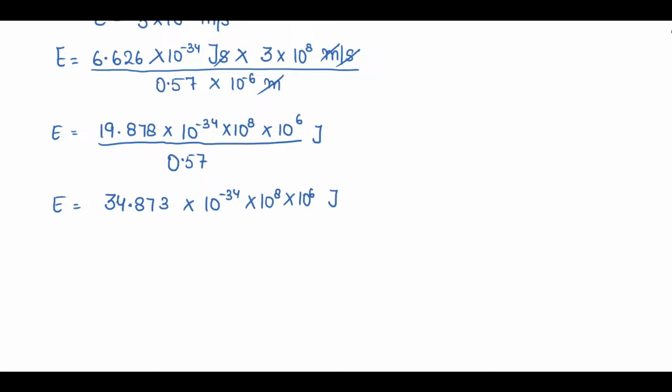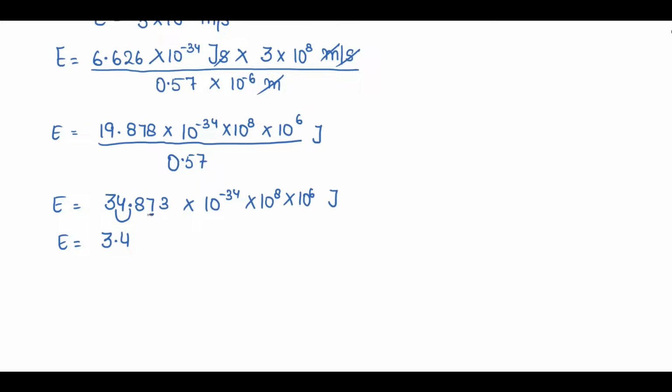I have to convert this 34.873 in terms of scientific notation. So according to the scientific notation, there should be only one non-zero digit on the left side of the decimal. So what I'll do, I'll simply displace this decimal from right to left. And when we displace the decimal from right to left, power should be positive. So 3.4. Now I just want to round off this value, right? So for this, I'll consider this decimal up to 2 digits, right?